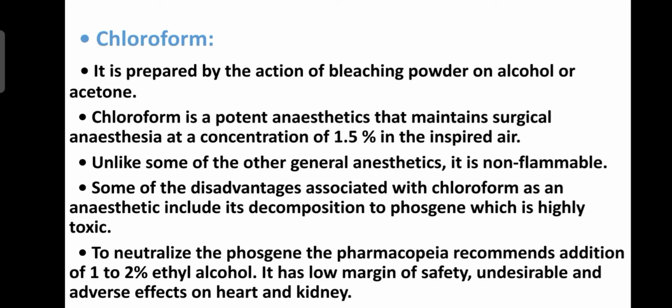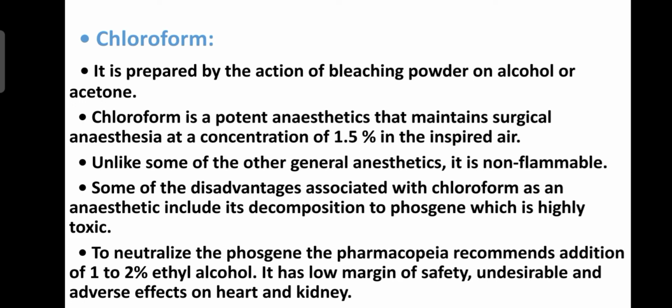Second is chloroform. It is prepared by the action of bleaching powder on alcohol or acetone. Chloroform is a potent anesthetic that maintains surgical anesthesia at a concentration of 1.5% in the inspired air. Unlike some of the other general anesthetics, it is non-flammable.